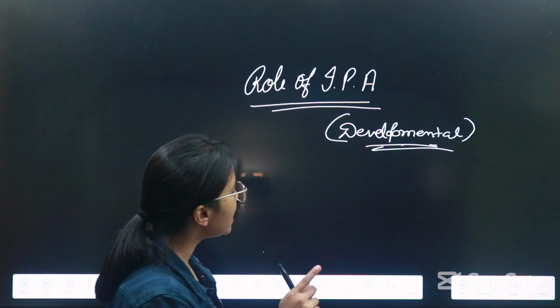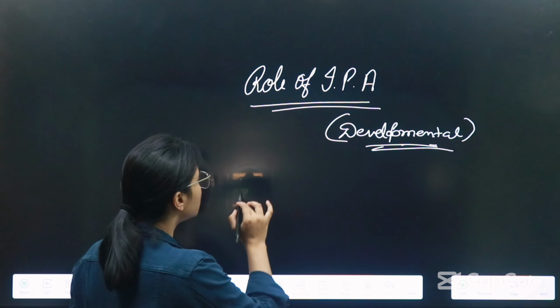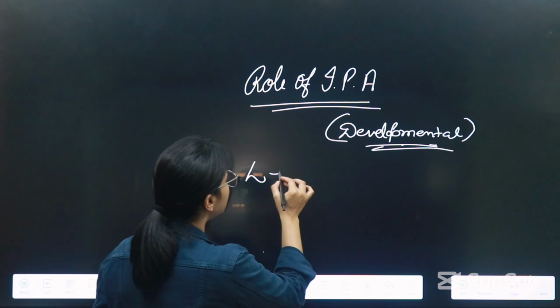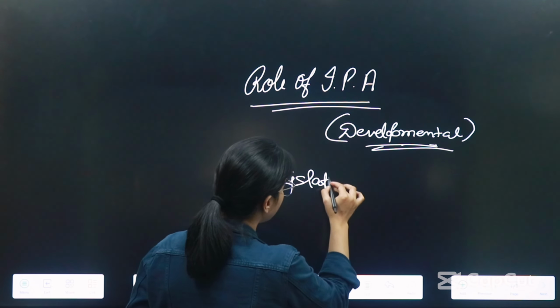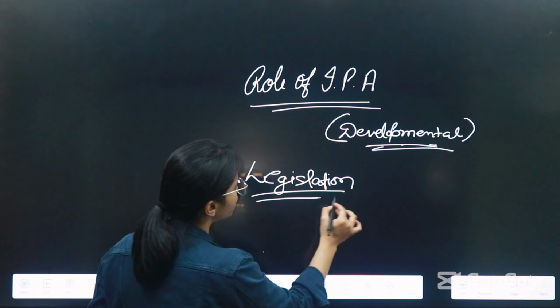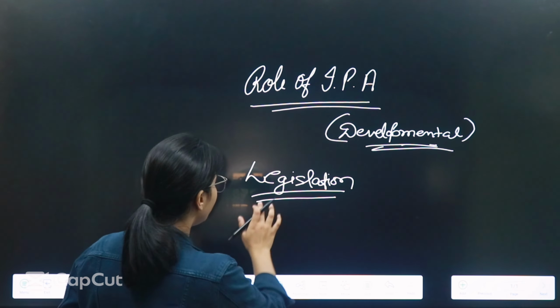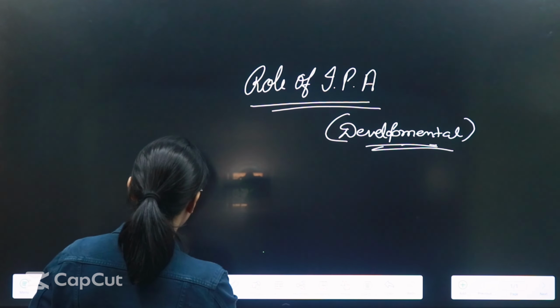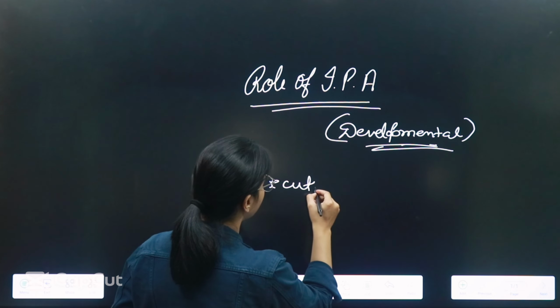So we know that we have three institutions of our government. What are those three institutions? Those three institutions are the legislation, which is responsible for formulating the laws, right? Then we have the executive body, right?